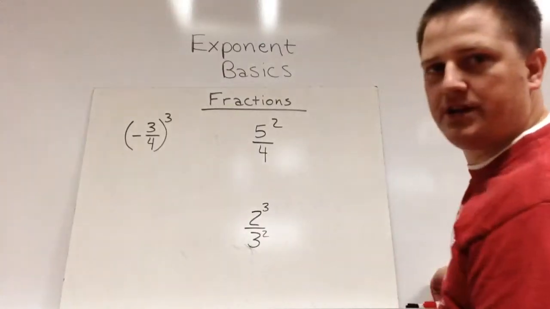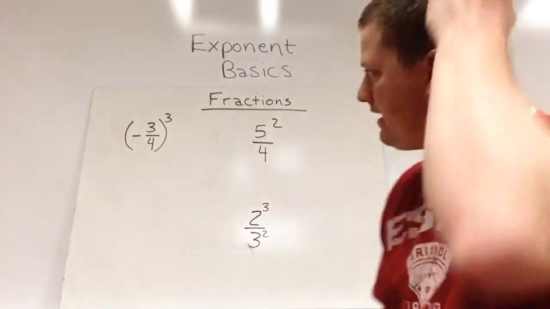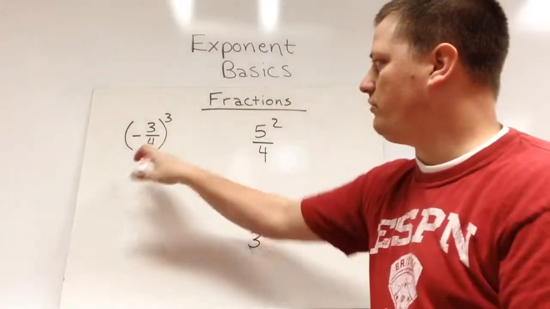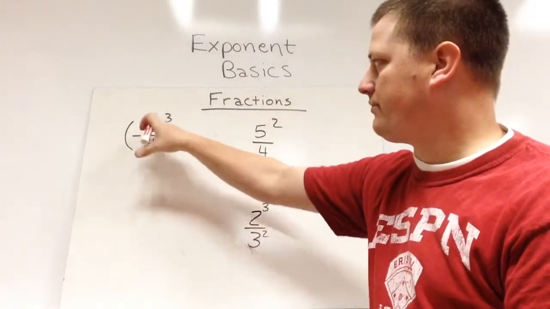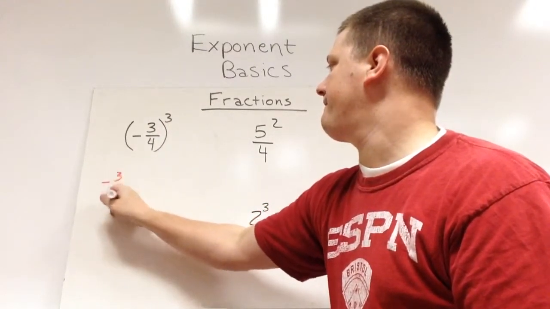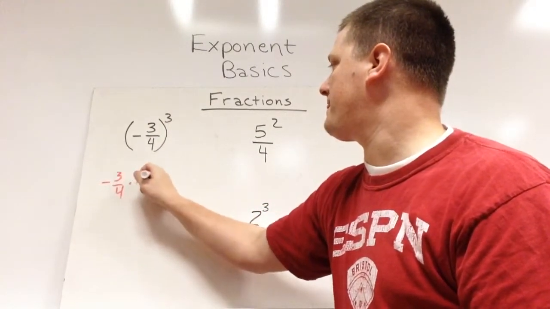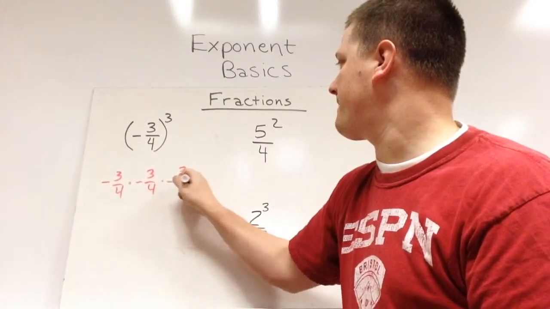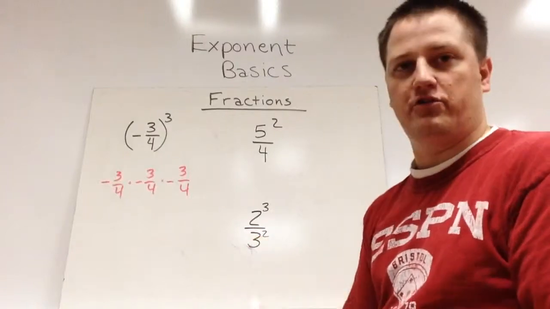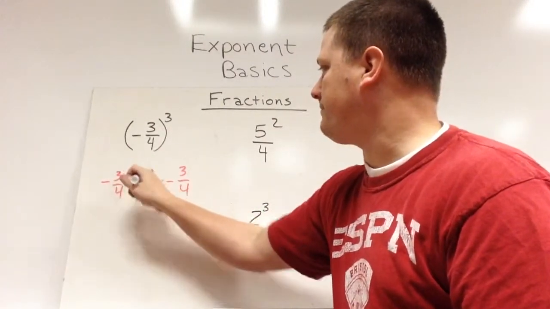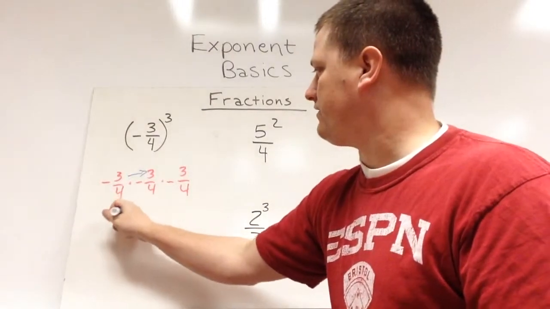The last situation is fractions. Now, as you can see here, we have a fraction with parentheses. So what this is meaning is we're going to have negative 3/4 3 times. Then we just use our multiplication rules. So we'll do 2 at a time. Top times top, which gives us 9.